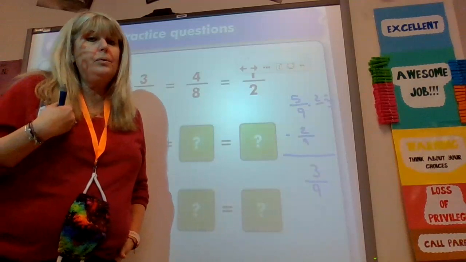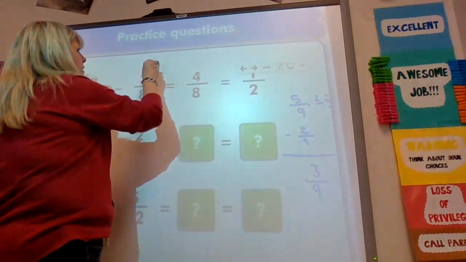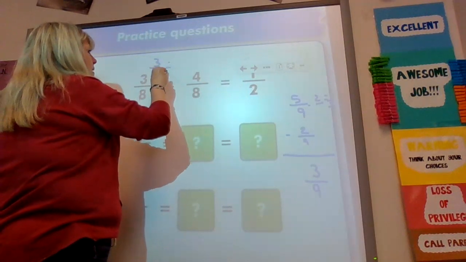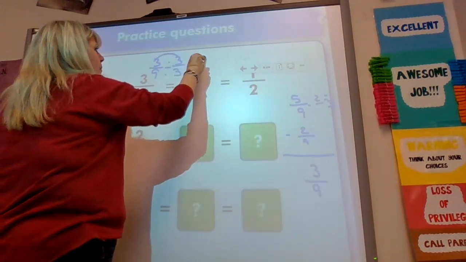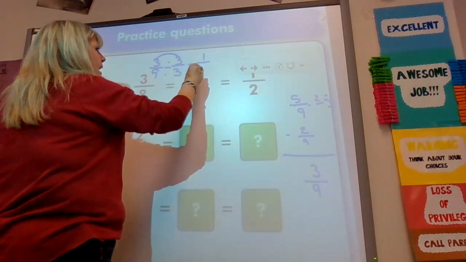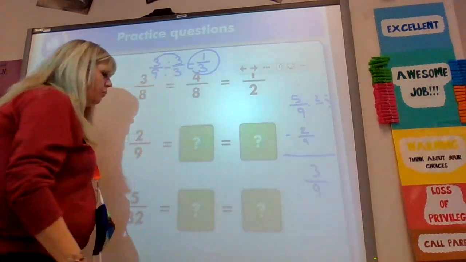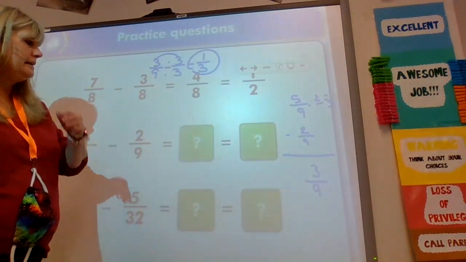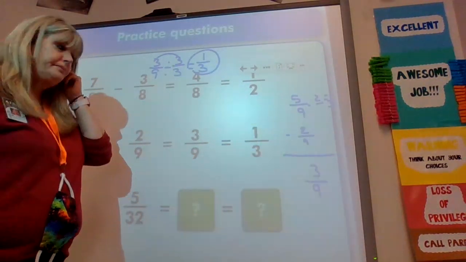Well, I already know that 3 is a multiple of 9. So I would say 3/9 divided by 3/3. 3 goes into 3 one time, 3 goes into 9 3 times. So in simplest form, it should be 1/3. So we should have 3/9 and we should have 1/3.